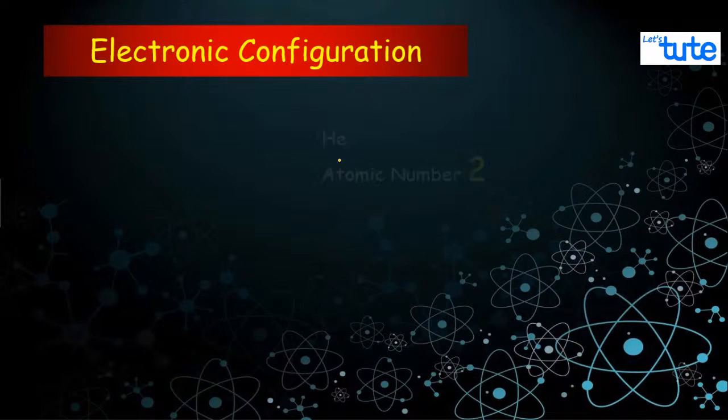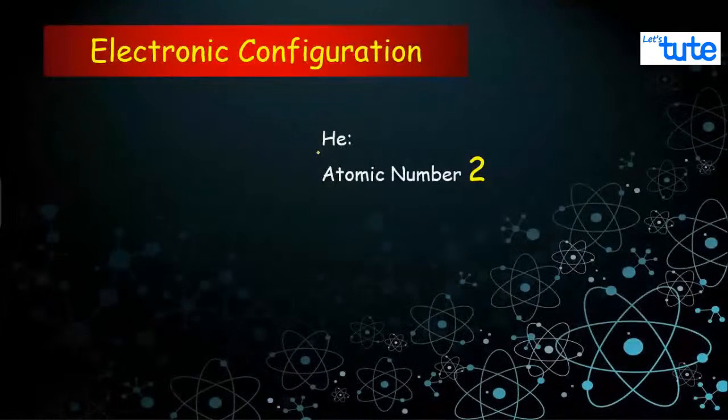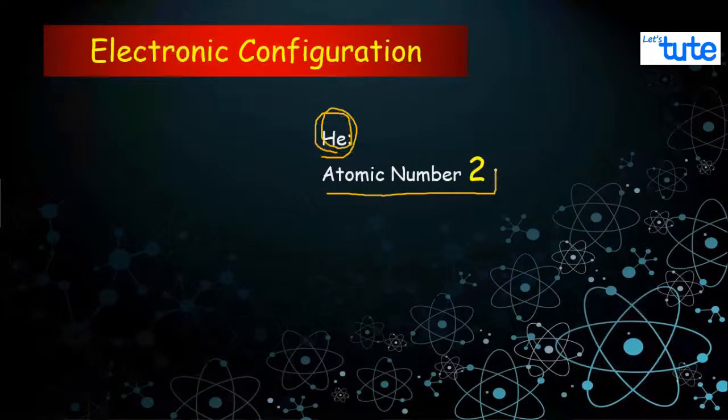For example, to find the electronic configuration of helium, we should know its atomic number. The atomic number of helium is 2.